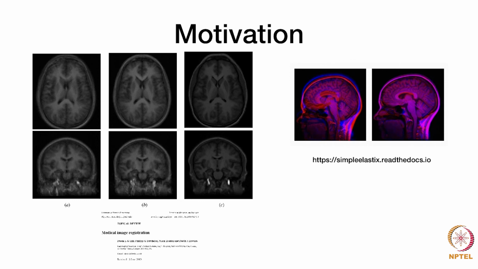Okay, so in all these applications, like I said, registration plays an important role, and broadly speaking, based on the type of transformation that you use, they can be divided into rigid transformation based registration techniques and non-rigid registration techniques. So this week we will look at rigid registration techniques.